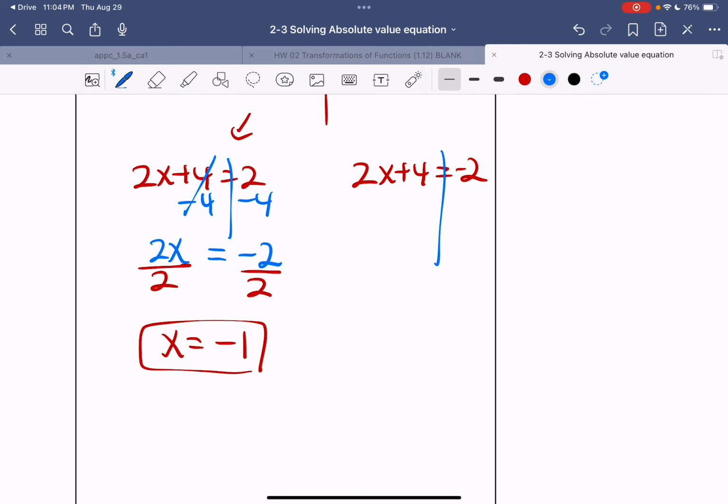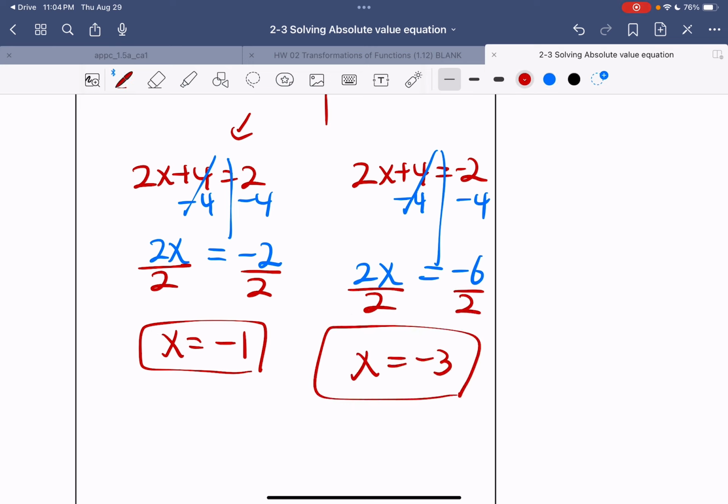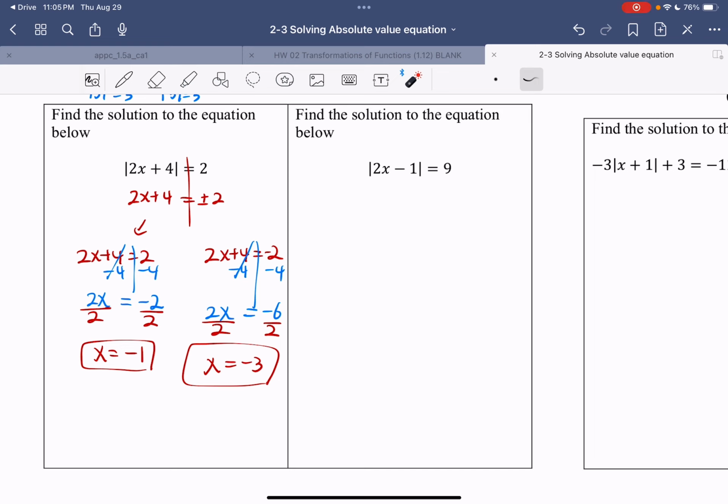And here, you do the same thing. You subtract 4 from both sides, you get 2x equals -6. Therefore, if you divide each side by 2, you get x equals -3. So just like this one, at this point, pause the video and try this question by yourself. And here's your reference, okay?